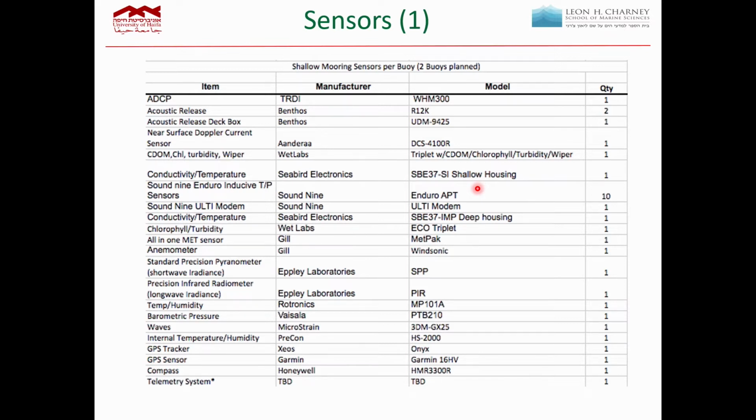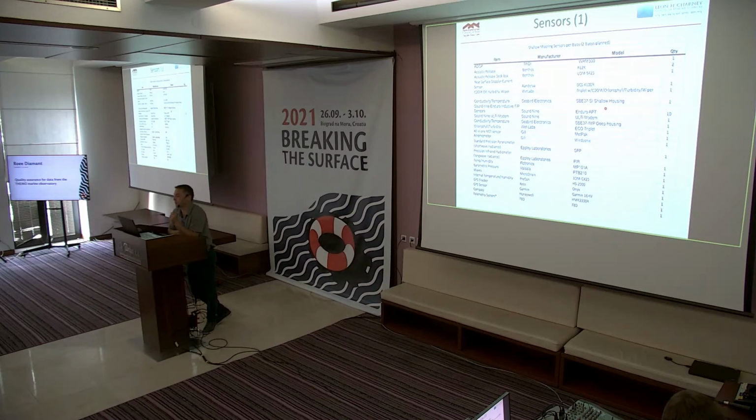We have inertial measurements and gyro compass, and we essentially solve the orientation of the buoy in real time and assess the wave height, significant height, and we can also assess the direction of the waves. So that's another thing we do. And in total, it's about 40 different sensors.